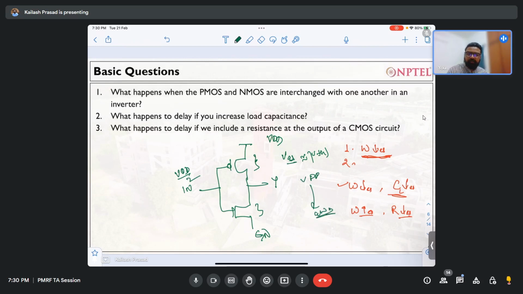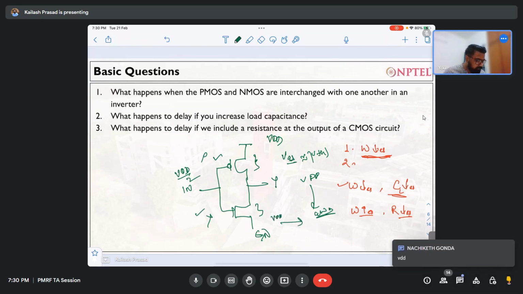See, let me try to answer this question. What happens in a CMOS circuit is, if your PMOS is on, the NMOS will be off, and if NMOS is on, PMOS will be off. So in that regard, there will be no direct path from VDD to ground in the static mode. Whenever your circuit is static, it means either the input is 0 or 1.